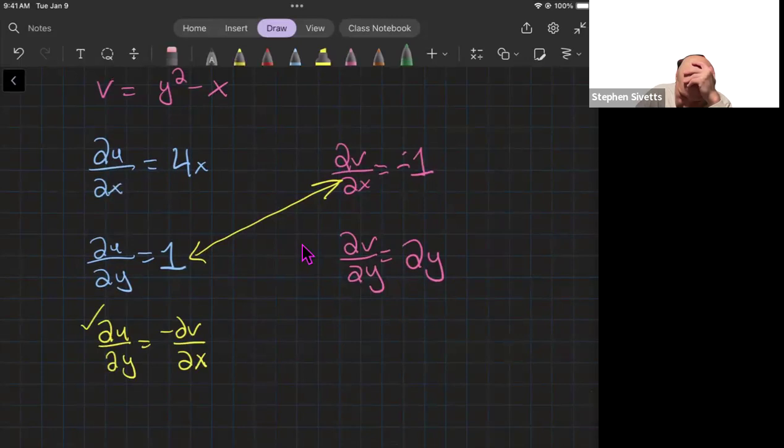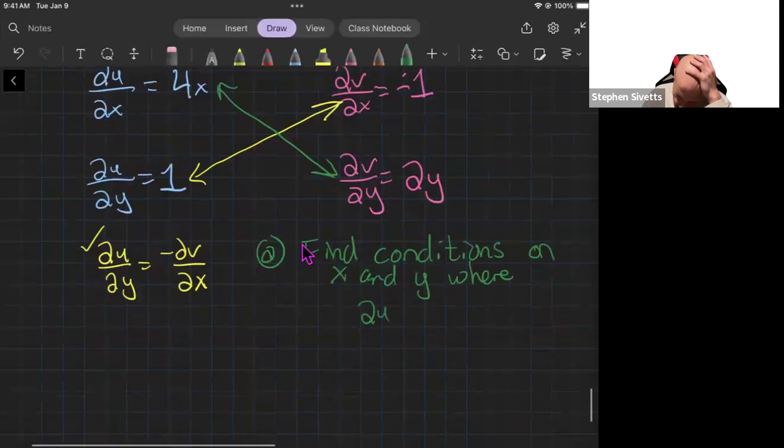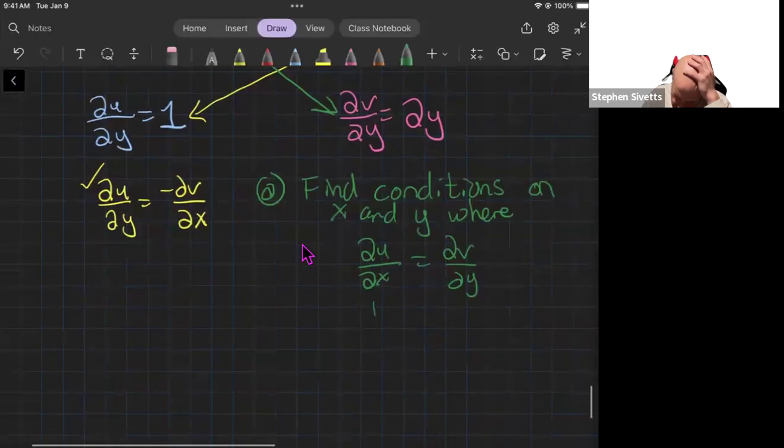What's going to have problems is the other equation. 4x does not clearly equal 2y unless they equal each other. So what we have to do is find conditions on x and y where the partial of u with respect to x is equal to the partial of v with respect to y. In this case, 4x equals 2y.